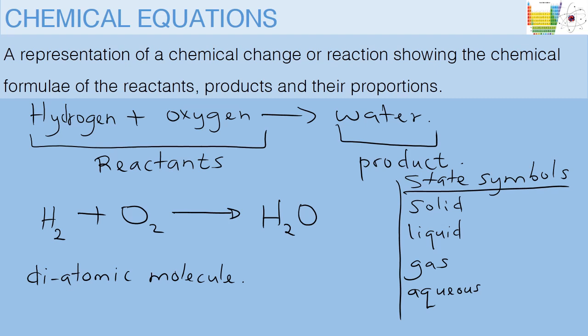So for solid state, we represent it by a small letter s in brackets. For liquid is a small letter l in brackets. Similarly, for gas is a letter g in brackets, and aqueous state is represented by the letters aq in brackets. So let us continue writing this equation.